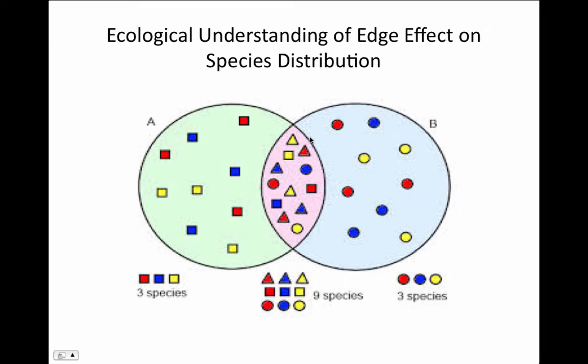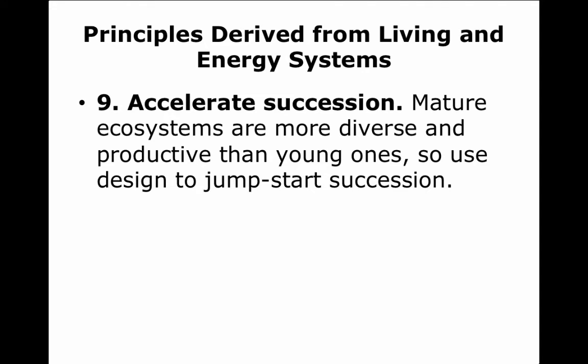And where they come together, the edge, you've got everything that's in B, everything that's in A, plus some things that only grow or only function or only live where B and A overlap. So think about edges, even culturally, edges between different kinds of music, or edges between different kinds of art. They're very productive and rich areas.